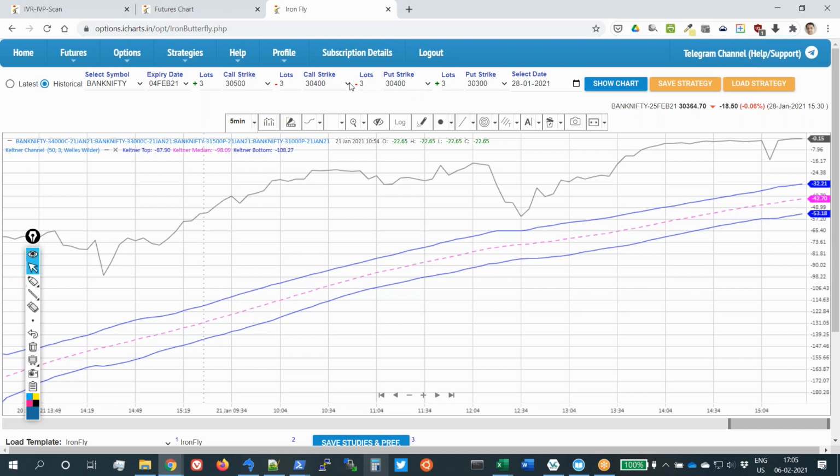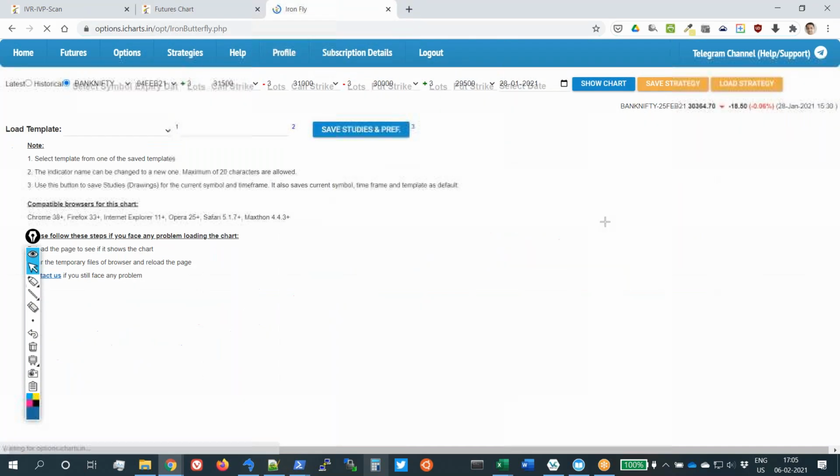I would stick with 500. So above 30,400 would be say 31,000. I'm just taking a rough example. I will go with 31,500 and 30,000, 29,500. Say 3 lots. 3 lot example.